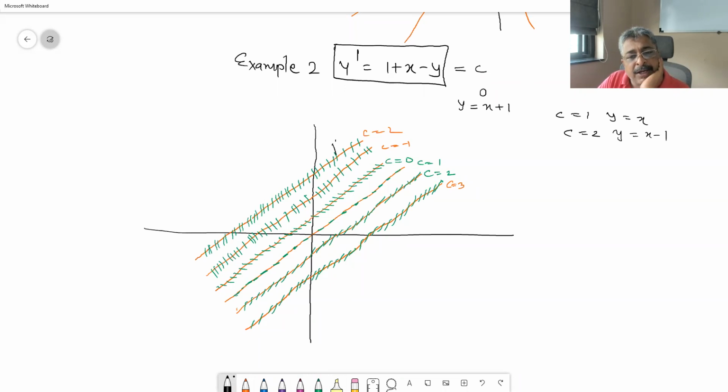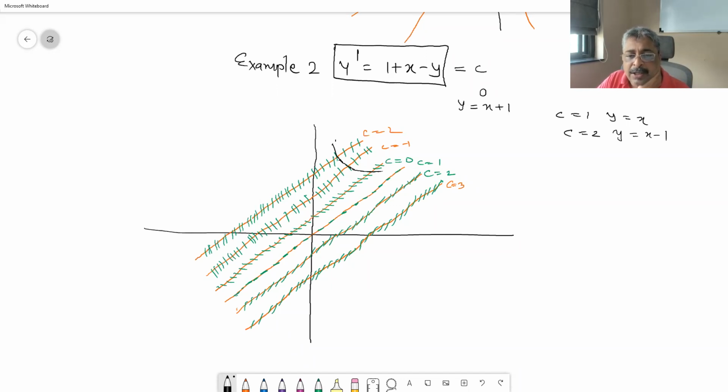So it is entering like this, and then the moment it touches the second, it will throw it away, then it will go here, then it will again throw. These green segments will not allow the curve to cross.